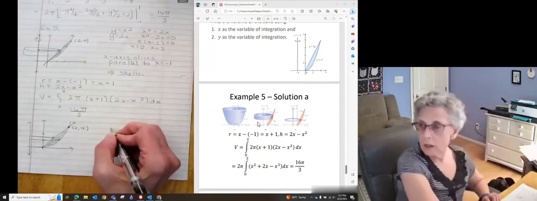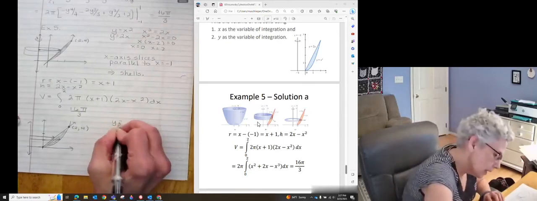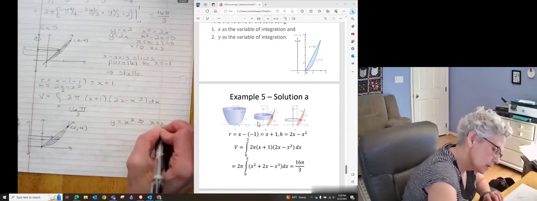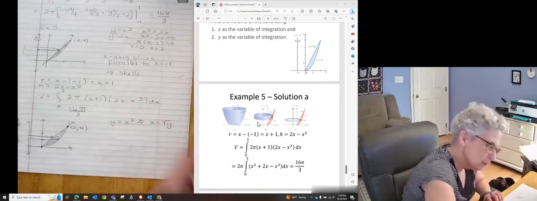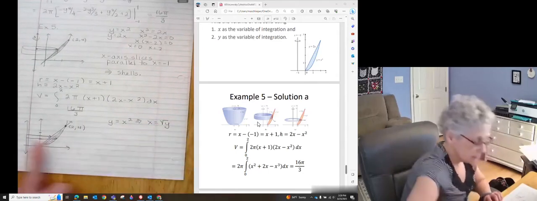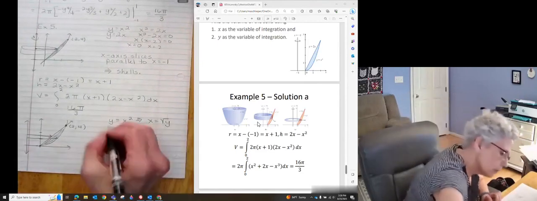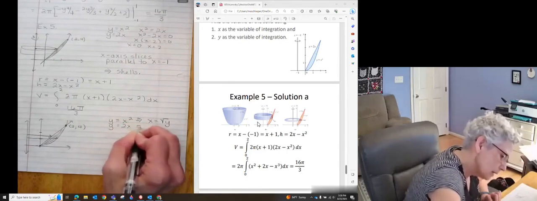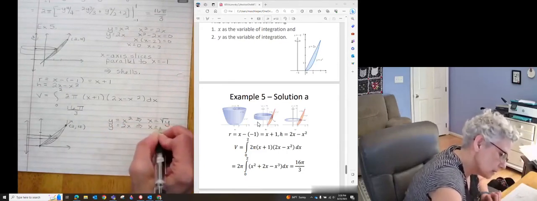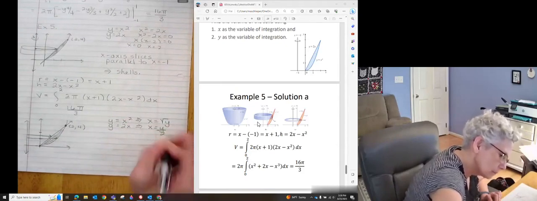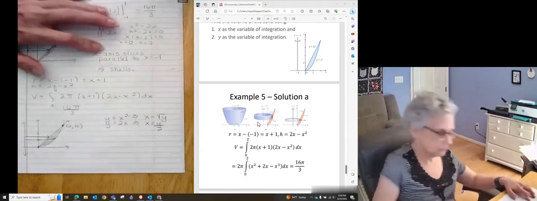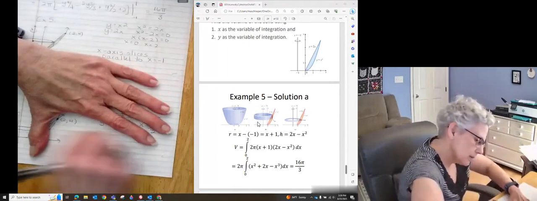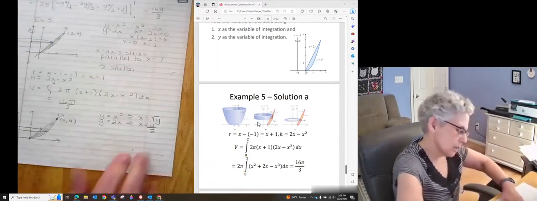Now, my functions are y equals x squared, which means that x is the square root of y, because I'm on the right side of the y-axis, and y equals 2x, which means x is equal to y over 2. So my volume, actually let's write down my radii first.